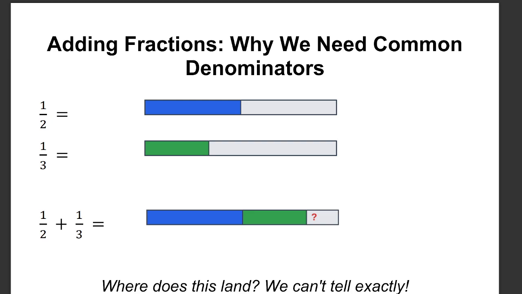This is just really an easy visual way to see it. When we stick these two together, we're left with this portion left over where we don't really know what it is, right? There's no easy way to stick 1/2 and 1/3 together to know exactly what that last piece is, unless we break them both into pieces that can be added together.